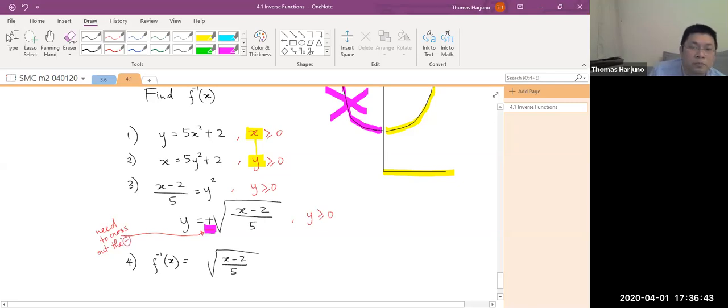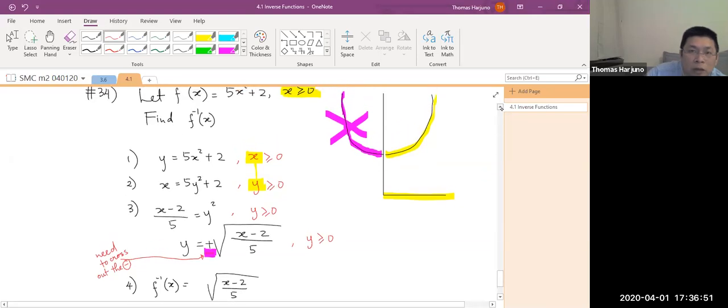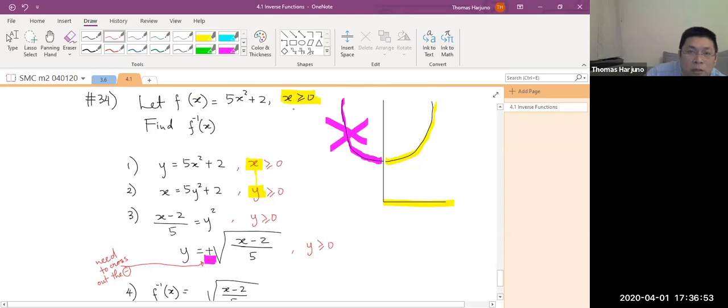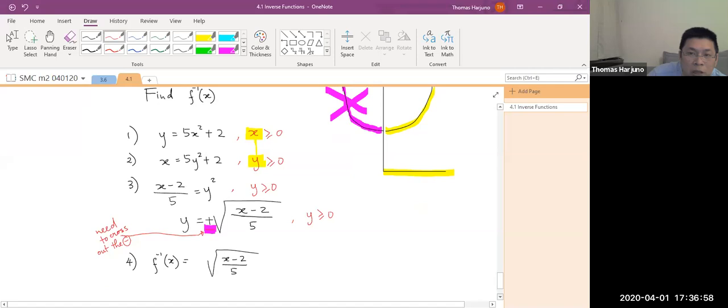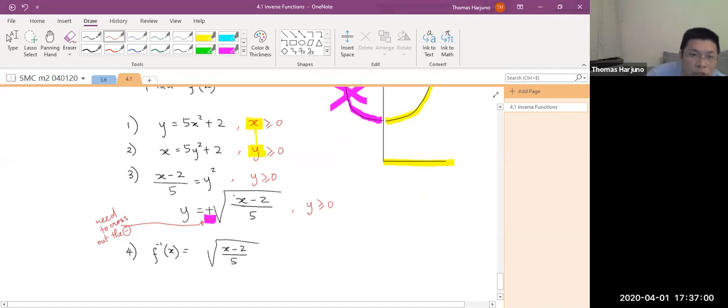Why? Because we know that the domain originally is from 0 to infinity only, at least 0. So when we do the inverse, then the range will be from 0 to infinity also.